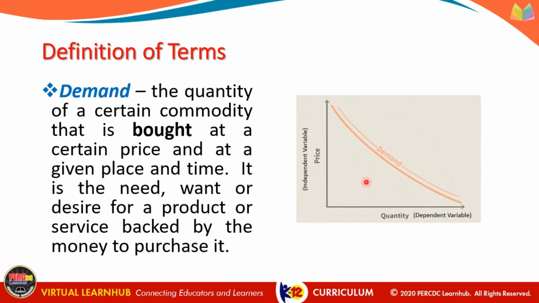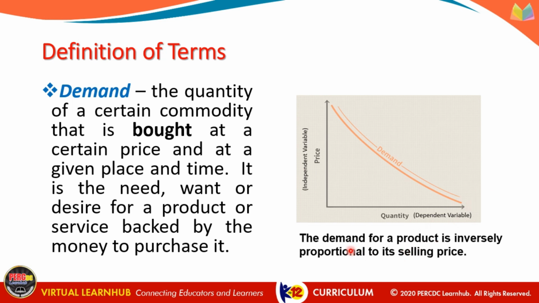Notice that in this graph, we have price to be our independent variable and the quantity for demand to be the dependent variable. In this graph, we can see that the demand for a product is inversely proportional to its selling price. That is, if price is high, demand decreases. Okay?